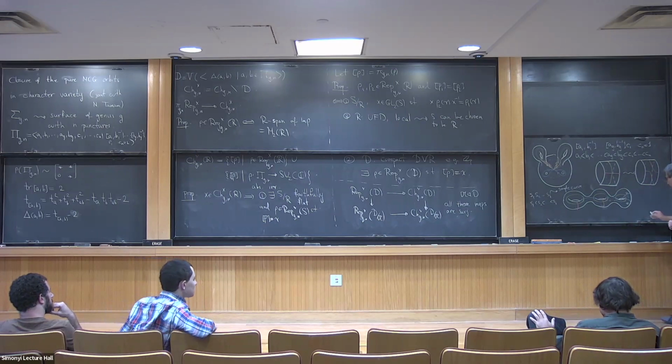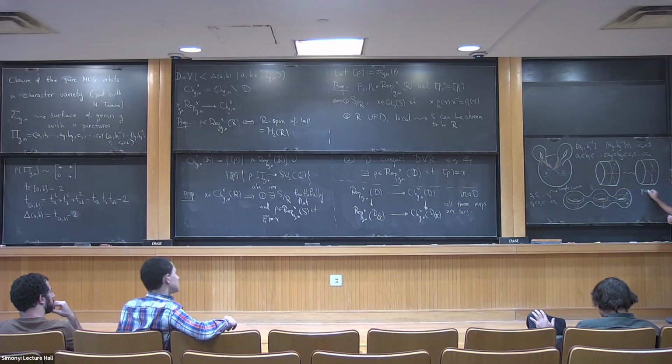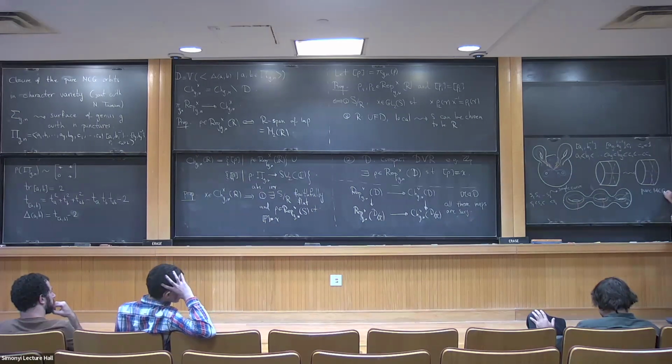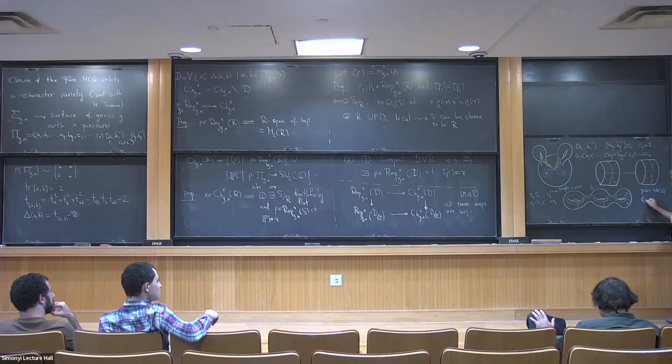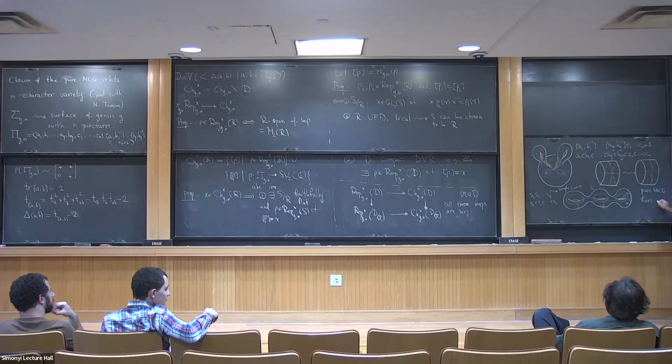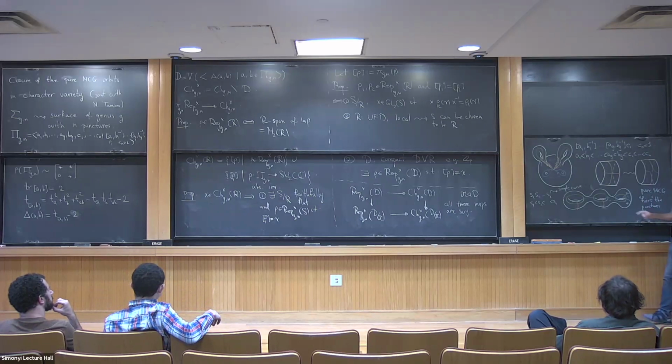That's the definition of the pure mapping class group. I put it here, and I have to clarify what I mean by that. I mean the diffeomorphism should fix the punctures, but I'll come back to understand it a little bit better.